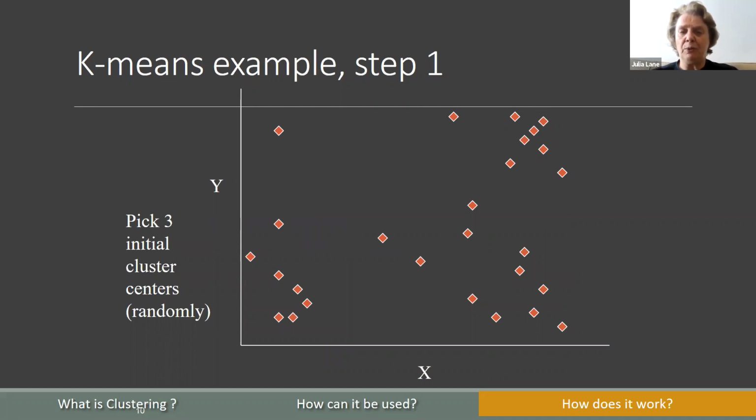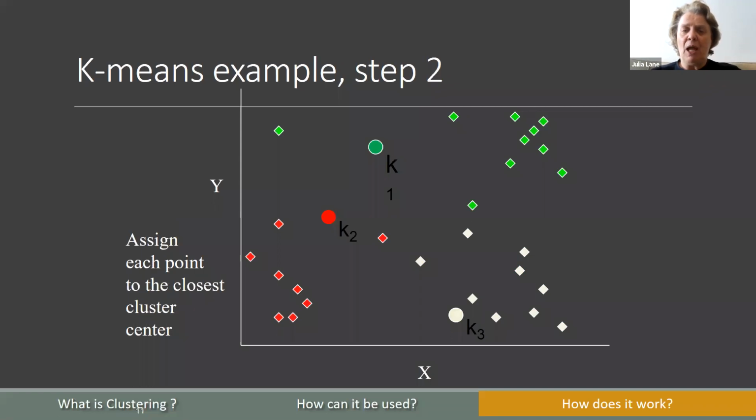We're going to randomly pick, say, 3 means. We pick some cluster centers, K1, K2, K3. I know I'm very imaginative in the numbering here. Then we put each of these points in the nearest cluster.